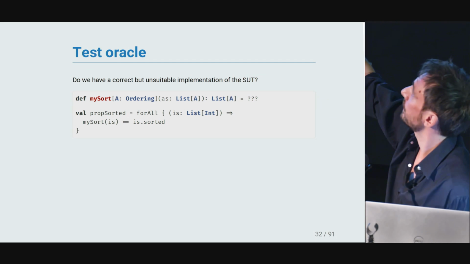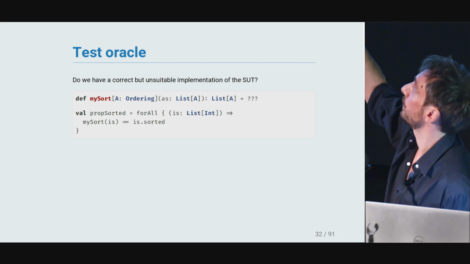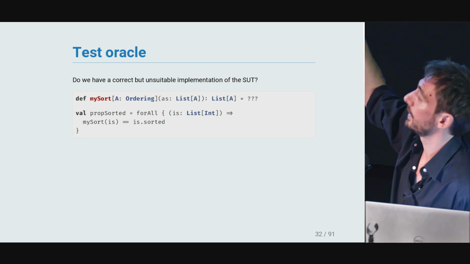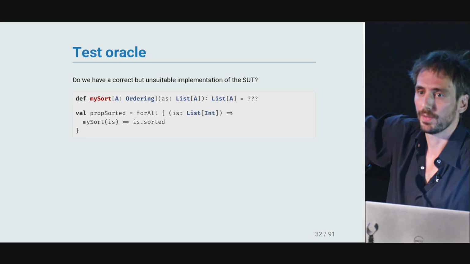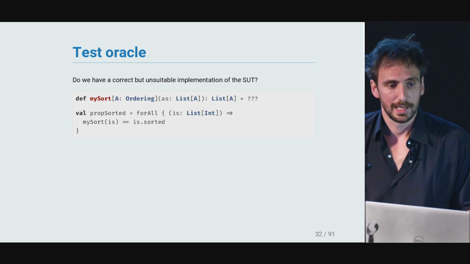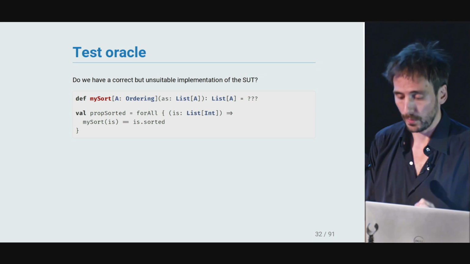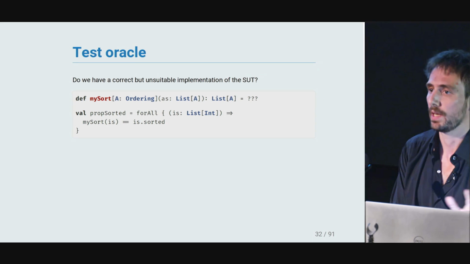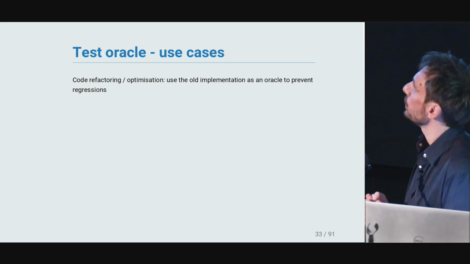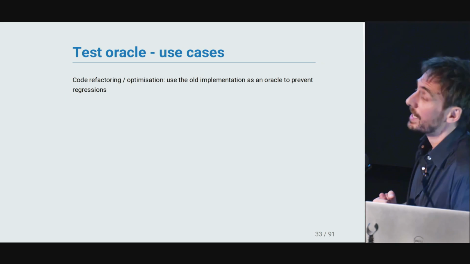Here, for sorting a list, I want to make a faster version of list sorting, and I make sure that for any list of ints, my sort of that list is exactly the same result as the canonical sort. And this is dead easy, and when it happens, you're really lucky because you don't need to look any further.